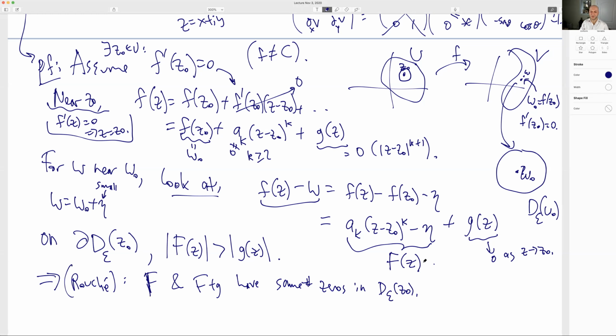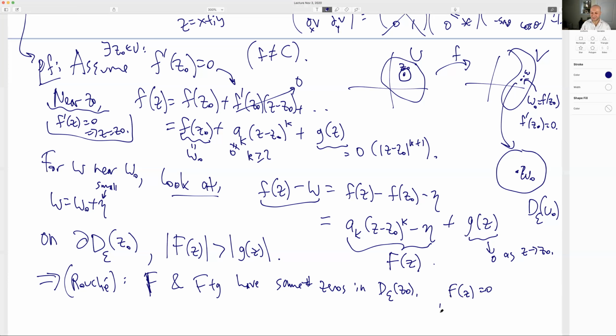Okay, how many zeros does F have in the disk? K is bigger than or equal to 2. We can solve for z. We can solve F of z equals 0. I don't have to do it out for you: eta over a, raised to the 1 over k power, and then add on a z0.